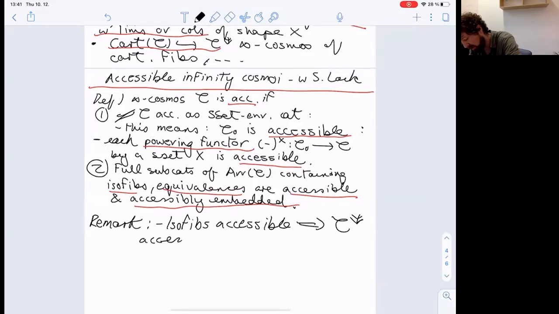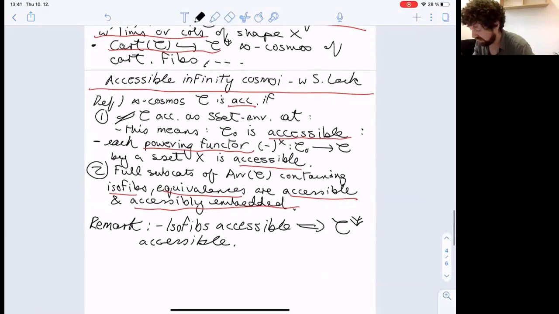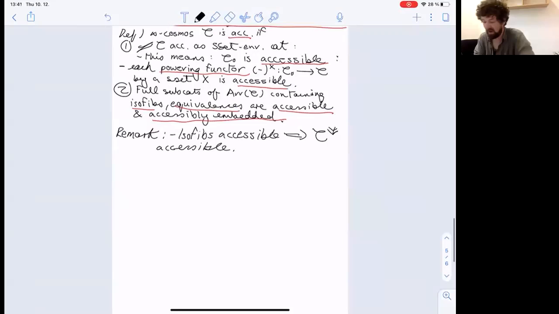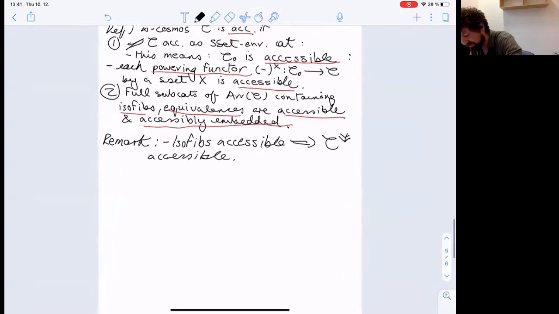And so in particular, if we want the infinity cosmos of isovibrations to be accessible, we're going to want that the full subcategory of isovibrations is accessible and accessibly embedded. So that's pretty clear.